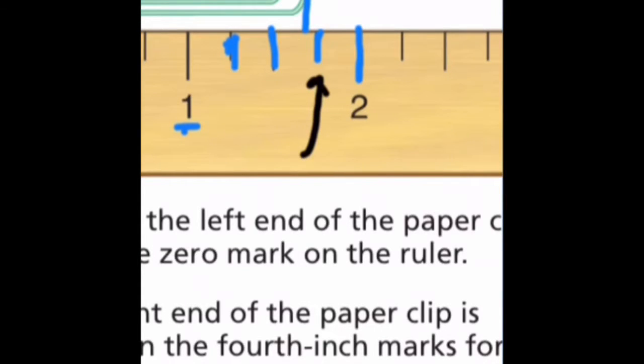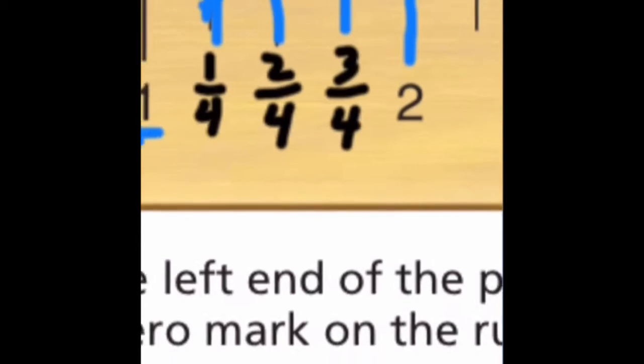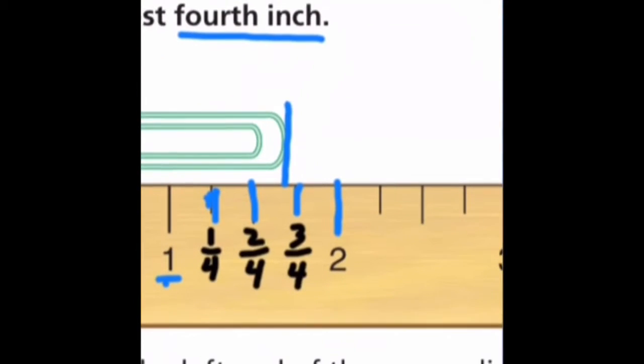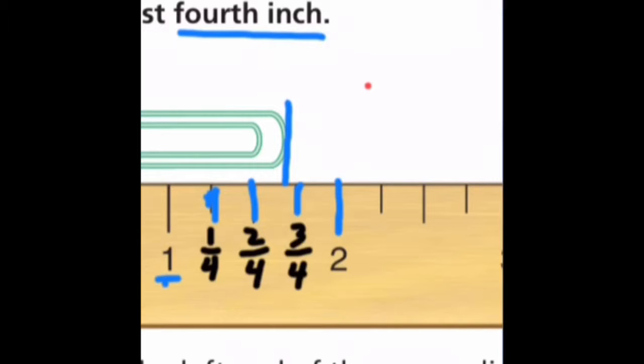If we count them out again, that's 1/4 here, 2/4 here. Let me erase my arrow. This is 3/4, and then this is 4/4, but it's actually the next whole inch, so it's just 2 inches there. So it's closest to that mark right there.